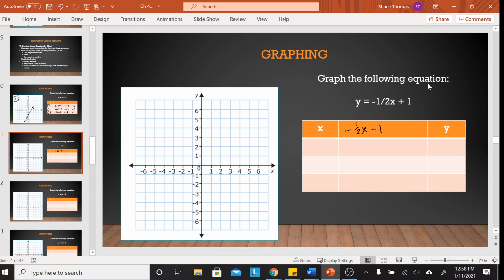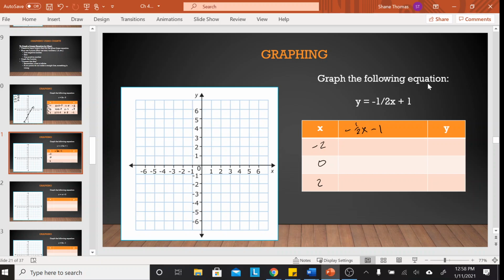If you have a fraction beside your x, pick whatever number is on the bottom as your positive and negative. This fraction is 1/2, so I have a 2 on the bottom. Because I have a 2 on the bottom, I'm going to use a -2 and a +2. It's going to give me whole numbers, I promise you. Just a little trick.